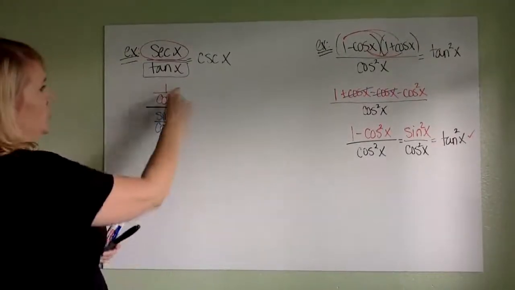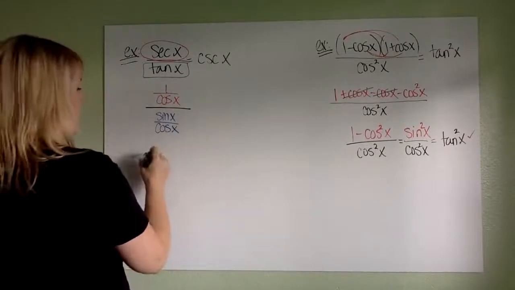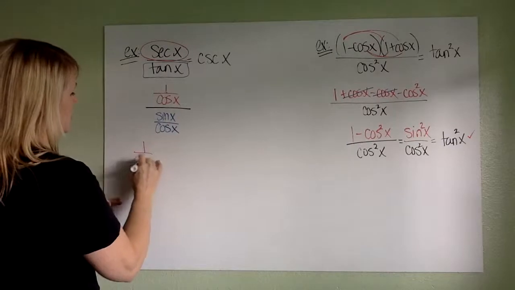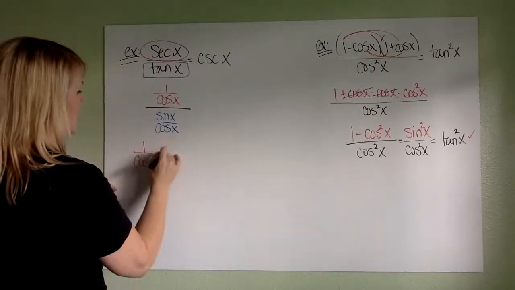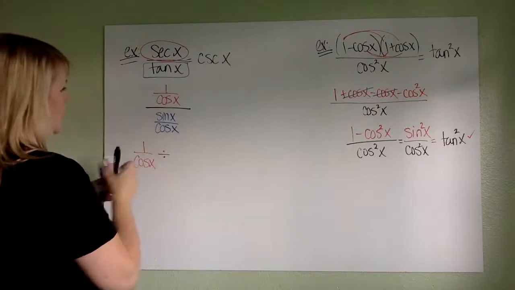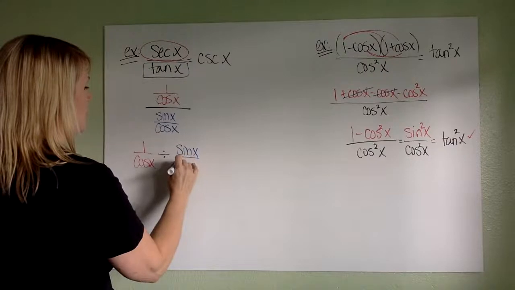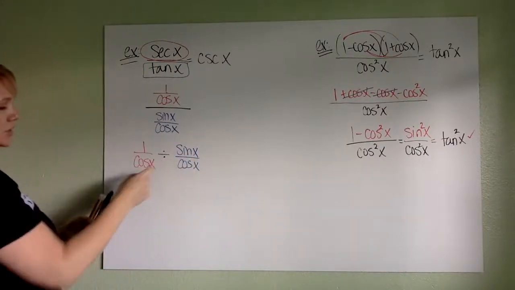Okay, so what do I do when I have a fraction divided by a fraction? Well, that's the same as 1 over cosine divided by sine over cosine, right? So what's our rule of division of fractions?